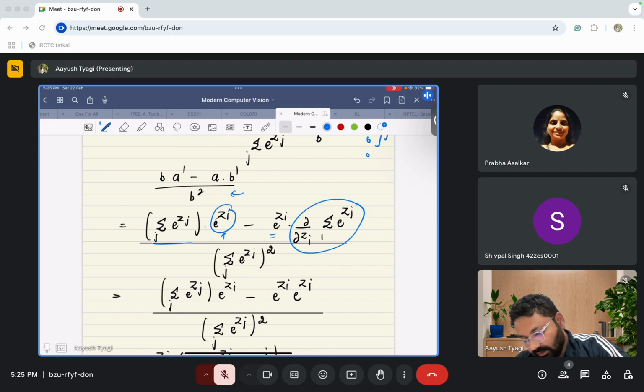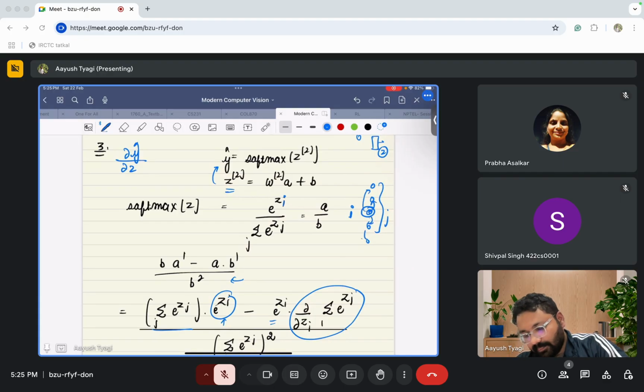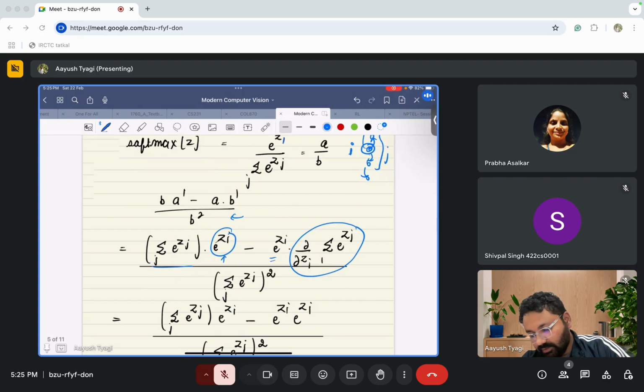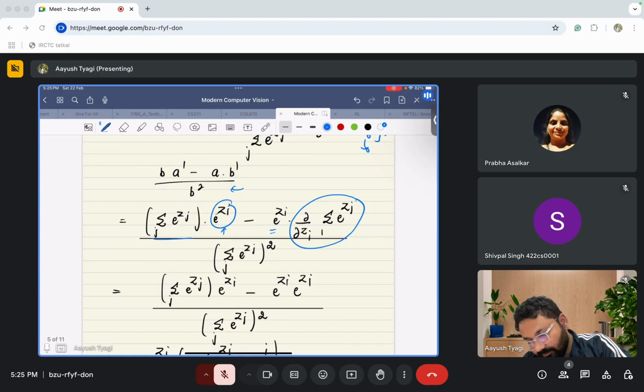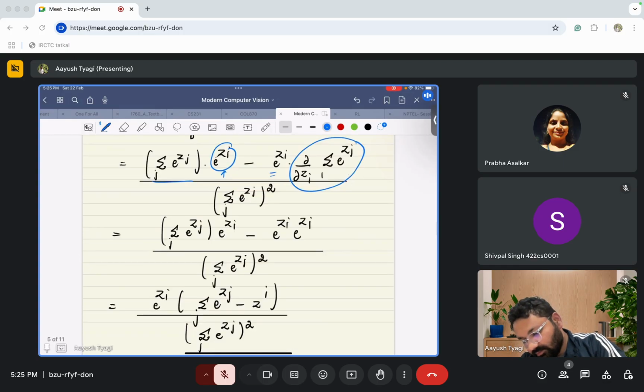How do you compute the derivative of the summation operator? The derivative of all the terms with respect to zi will be 0 because there is no correlation. Only the term which is influenced is zi itself. So the derivative becomes e to the power zi into e to the power zi.